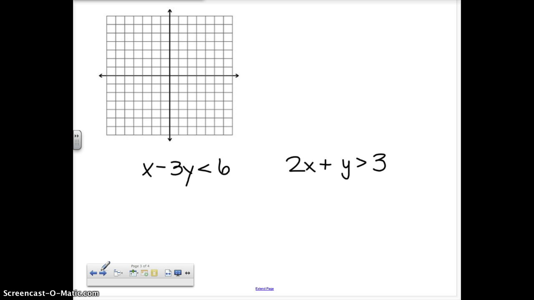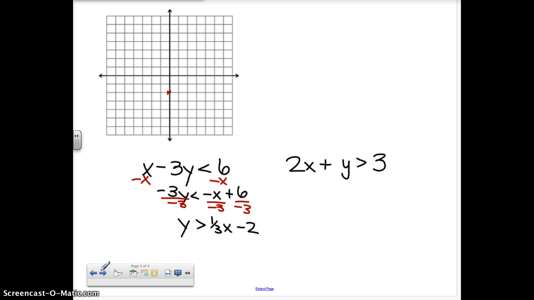So here we go. Now you have to solve these for y. So I'm going to subtract x, divided by -3. You all are saying right now that I need to flip the symbol, and you are correct. So my equation is y is greater than positive 1/3 x minus 2.